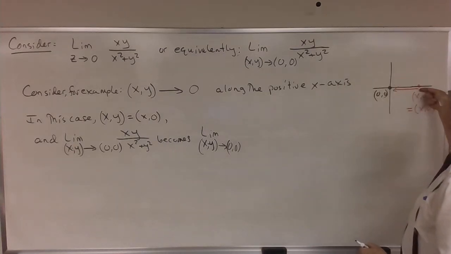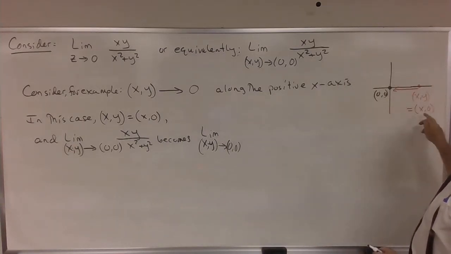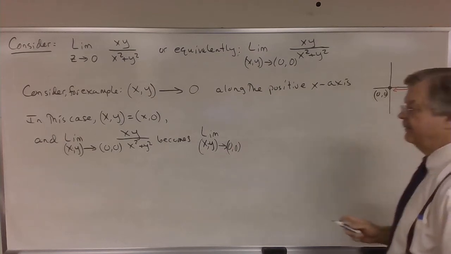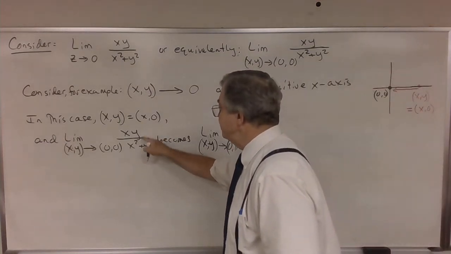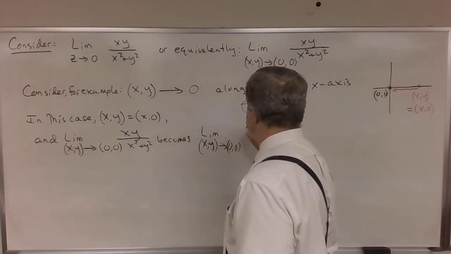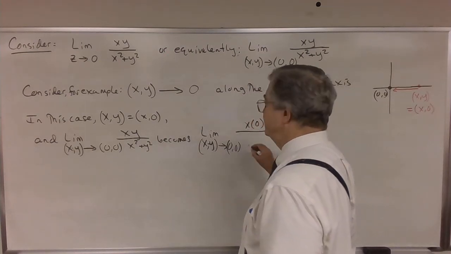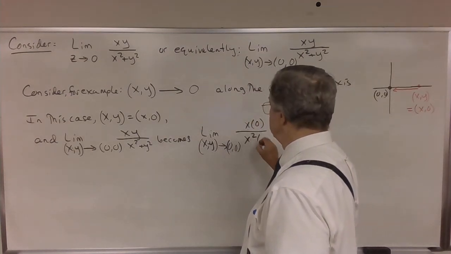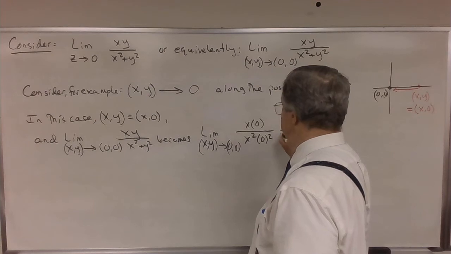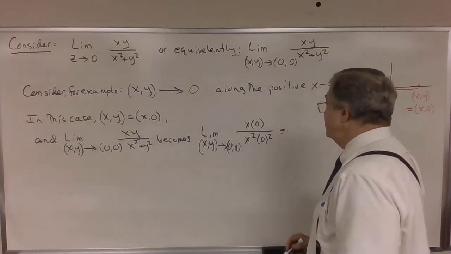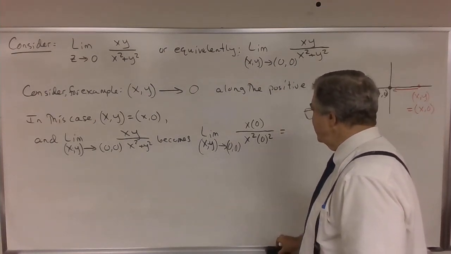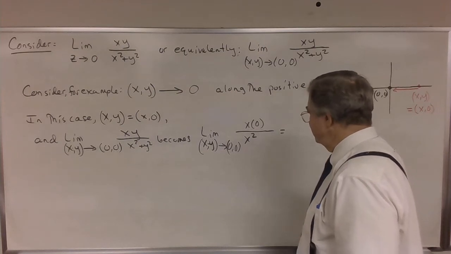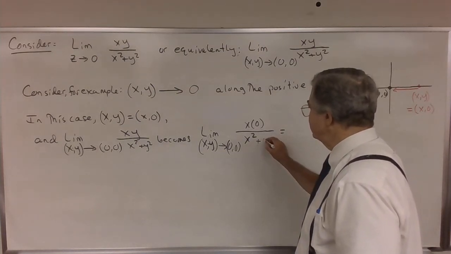If we're on the x-axis and we stay on the x-axis, y is 0. So this expression really is x times 0 on top, x squared plus 0 squared on the bottom.